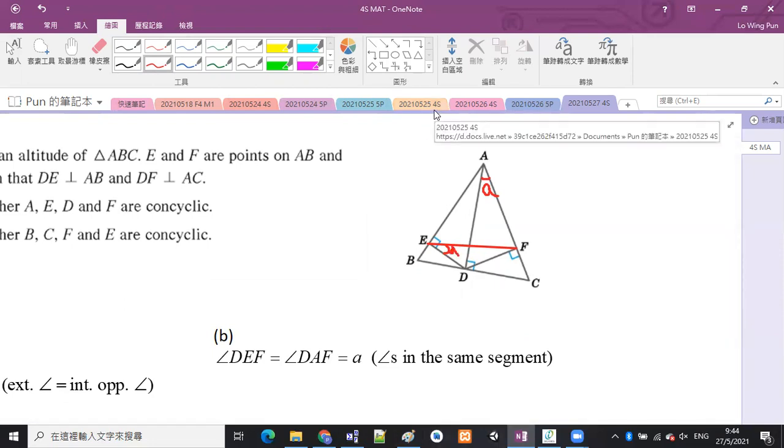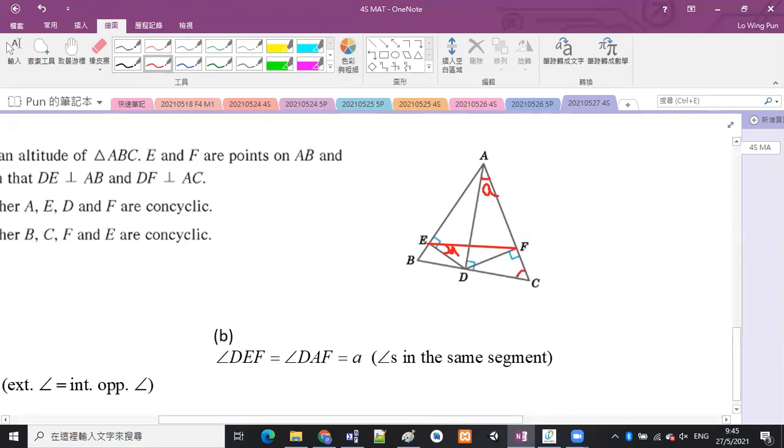And then in this triangle ADC, I have the first angle being A, and then the second angle being 90 degrees. I can calculate the third angle ACD by using the angle sum of triangle. Okay, so that is this angle.